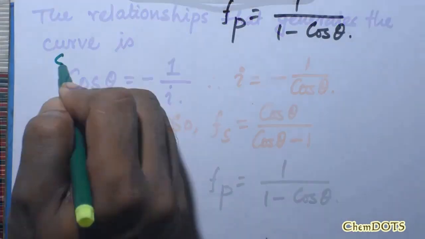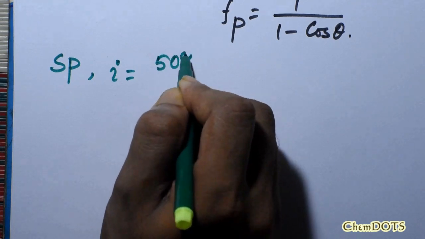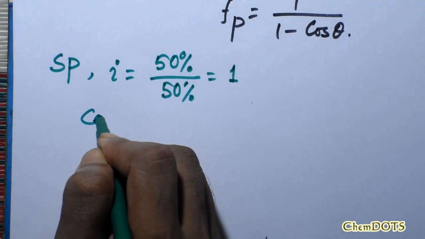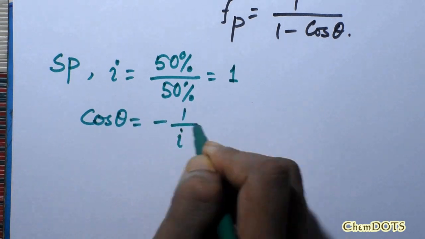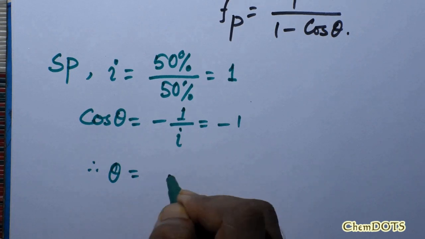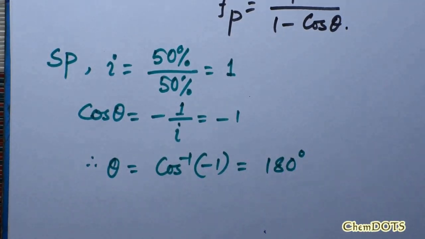So let's see the bond angles. For sp hybridization, I equal to 50 by 50, that means percentage of S character by percentage of P character equal to 1. Cos theta equal to minus 1 by I, that means minus 1, and theta equal to cos inverse minus 1, that means 180 degrees.